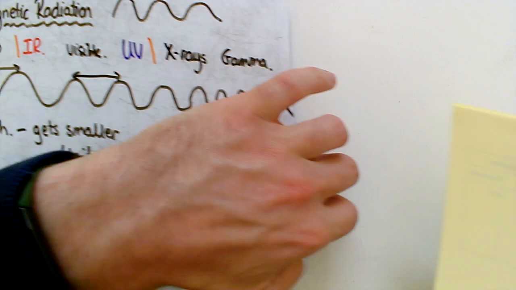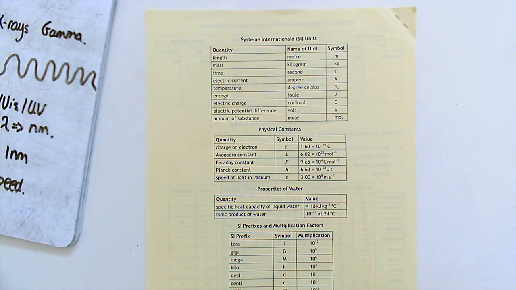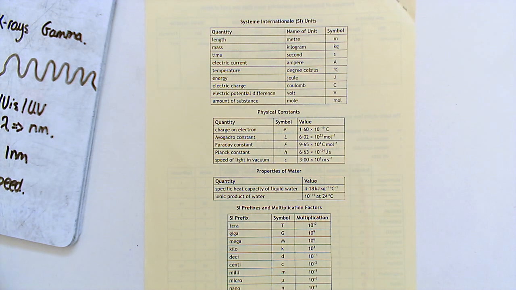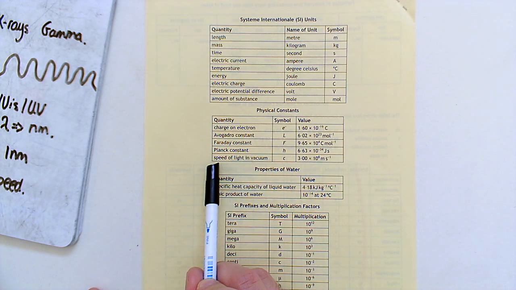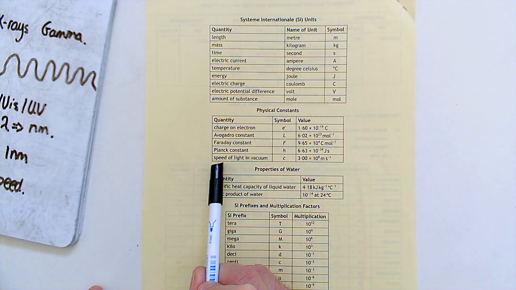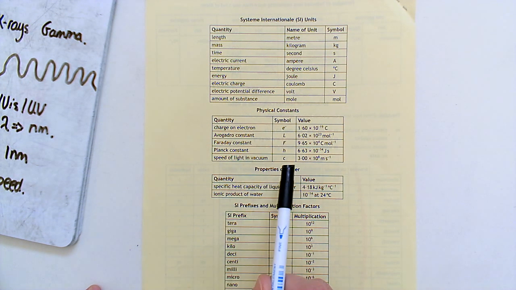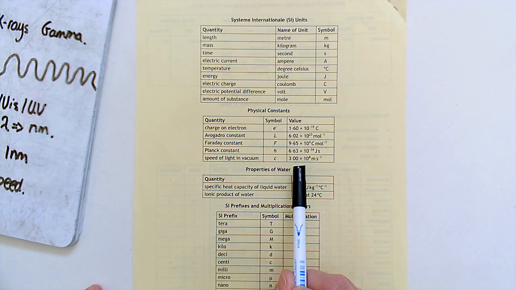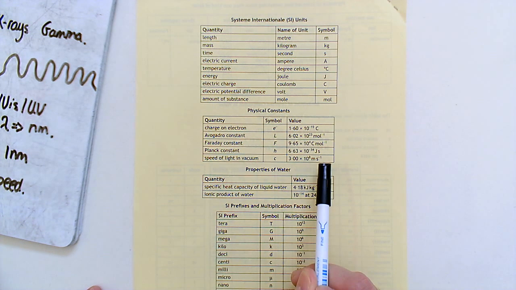Now c is on the back page of your data booklet. So c is here in that physical constants, and we're going to come back to this page quite a bit. The speed of light in a vacuum is c, and it is 3.00 times 10 to the 8 meters per second.